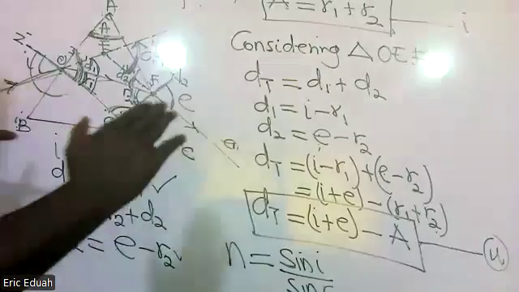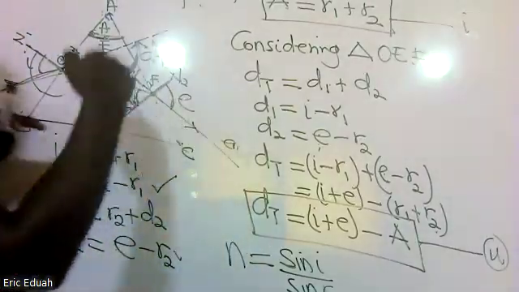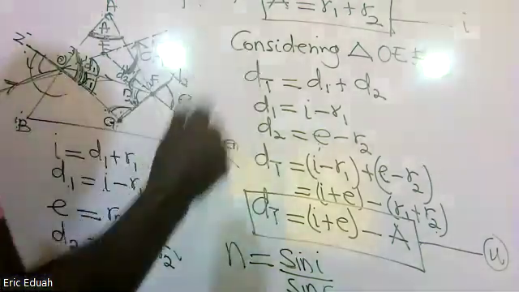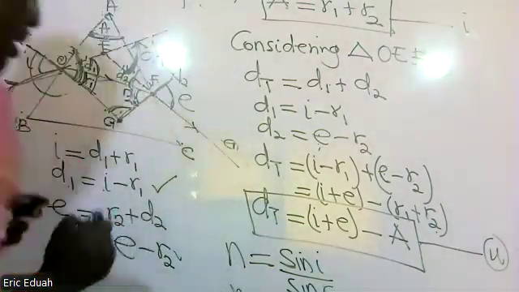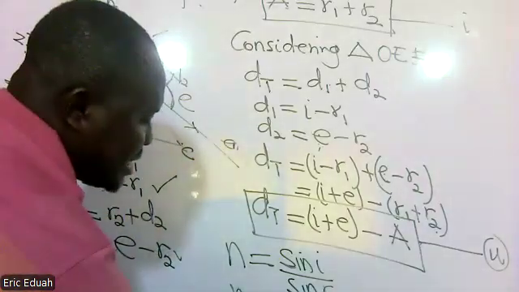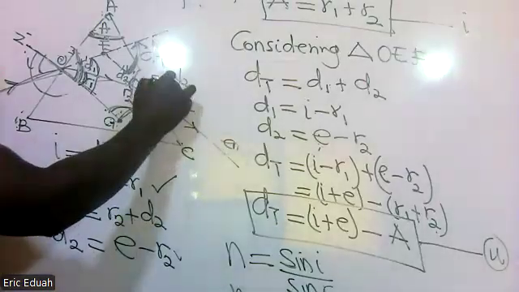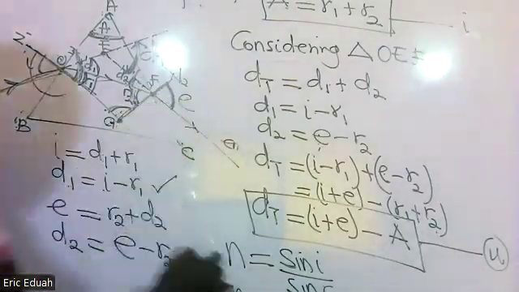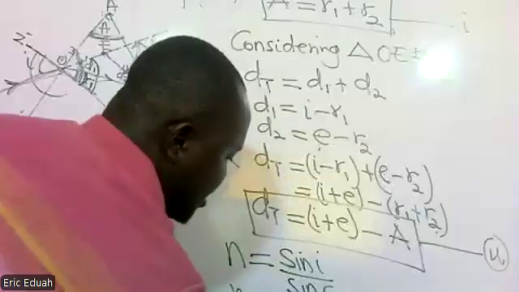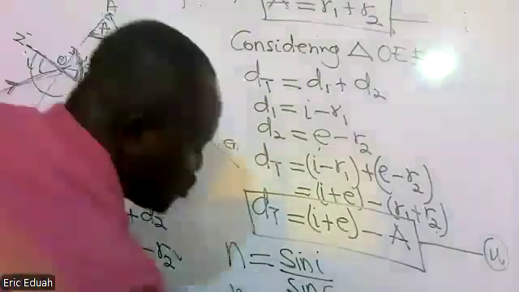And if the light is from right to left, then the same refractive index can be calculated by taking sine of E, the angle of emergence, to the sine of the second angle of refraction, R2.